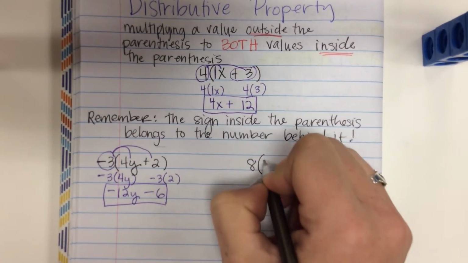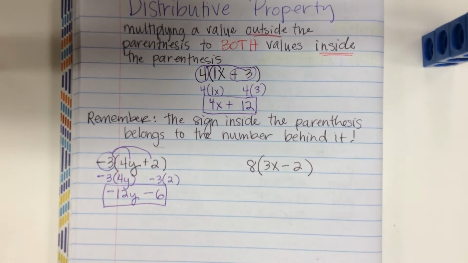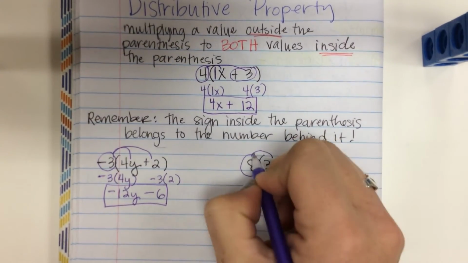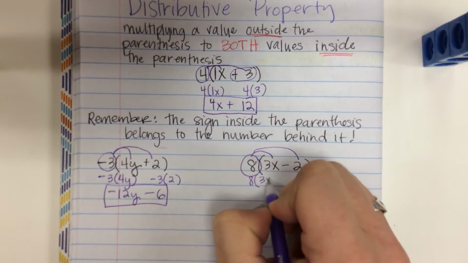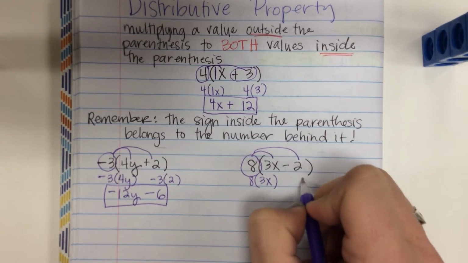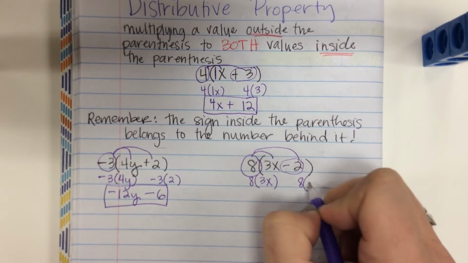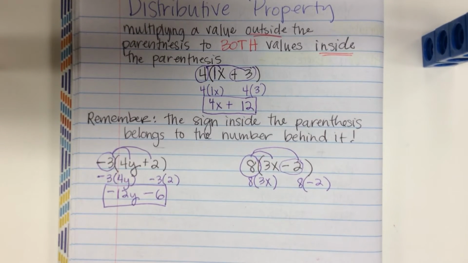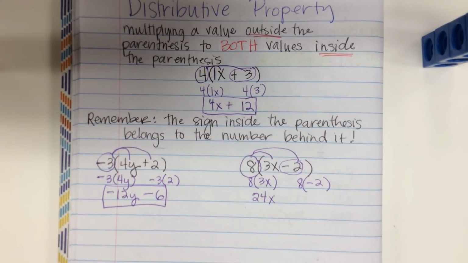Eight times 3x minus 2. Circle the 8 and distribute it. So 8 times 3x and 8 times, remember, negative 2. 8 times 3x is 24x.